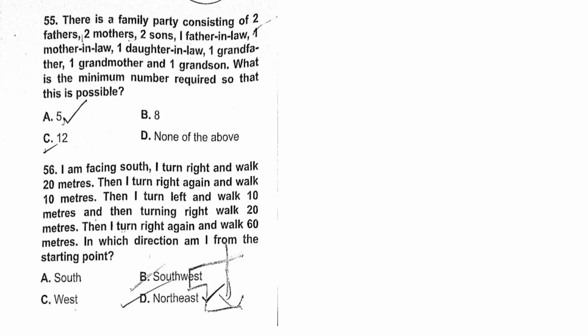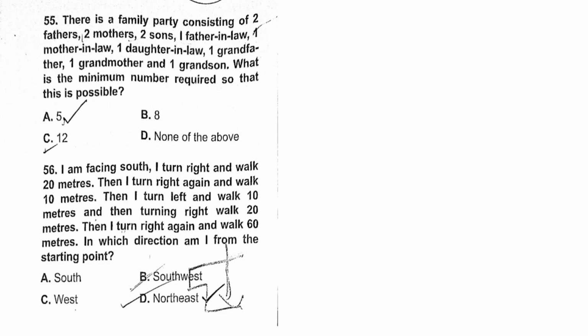Now the question says I'm facing towards south first, then I turn right. I'm facing towards south, so this is my right, this is my left. After that I walk 20 meters. For such kind of problem, you just follow the directions as it says, one by one. In that way you can solve it easily. I'll just solve it quickly for you.